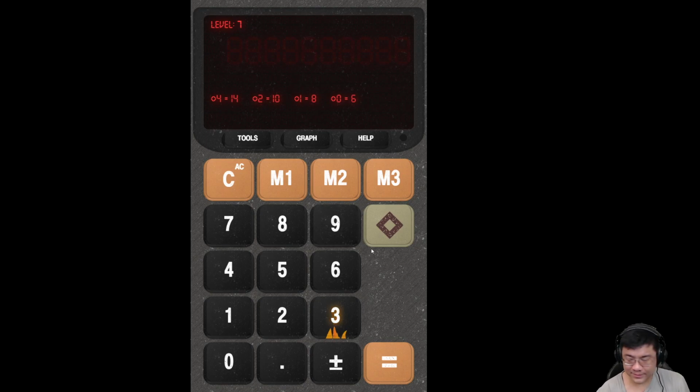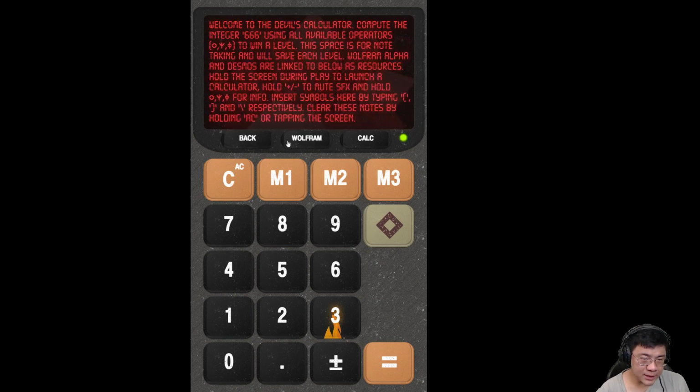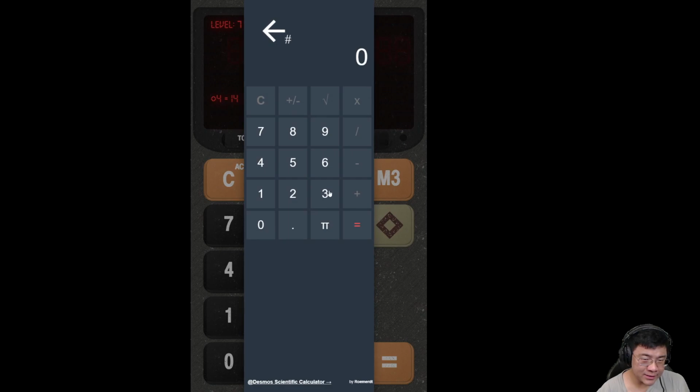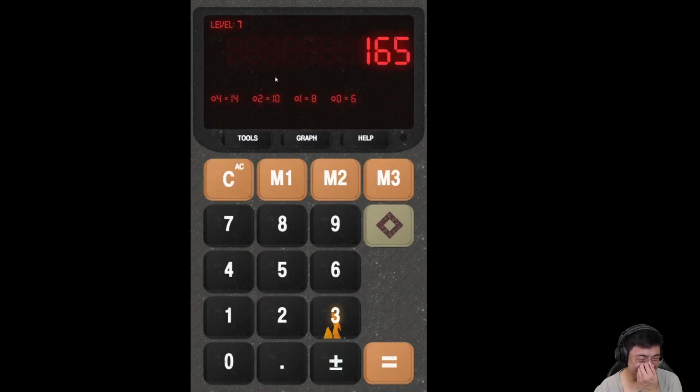You have to do half of that again to do the double function. So what's half of 330? 165. But then you're gonna add 6 twice, so you can't actually. You're right. So you have to do 666 minus 12, and then do half of that.